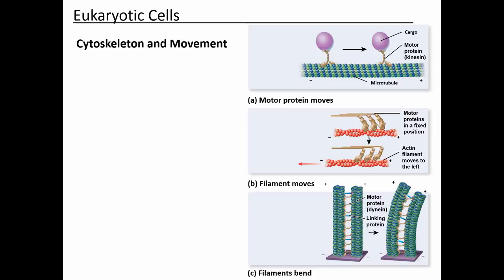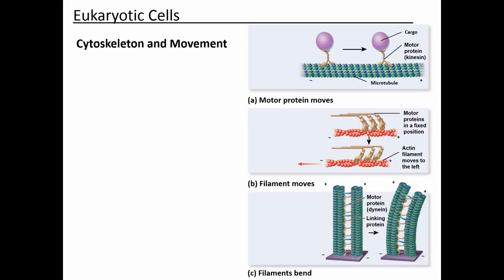The second interaction here is actually the type of interaction that happens in your skeletal muscle cells to produce contraction. In this type of interaction, the motor protein stays still, and it's actually the filament that moves.